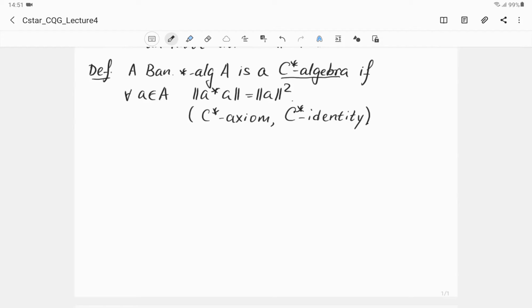Okay, so these are our objects. Now let's introduce morphisms between them.